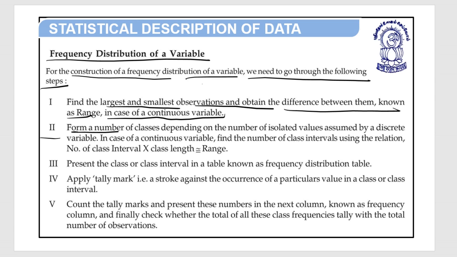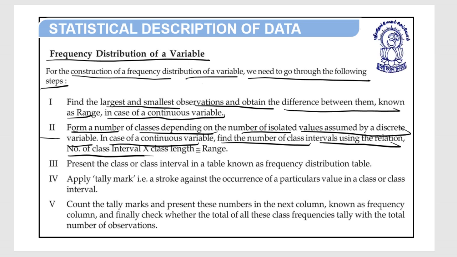Second, form a number of classes depending on the number of isolated values assumed by a discrete variable. In case of a continuous variable, find the number of class intervals using the relation: number of class intervals times class length is equal to range.